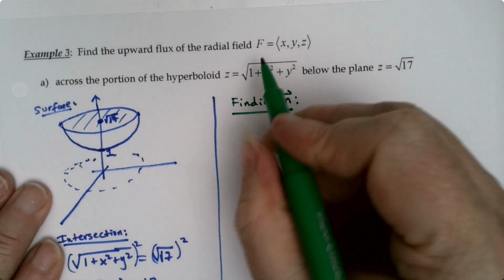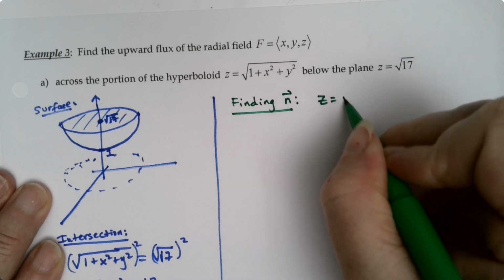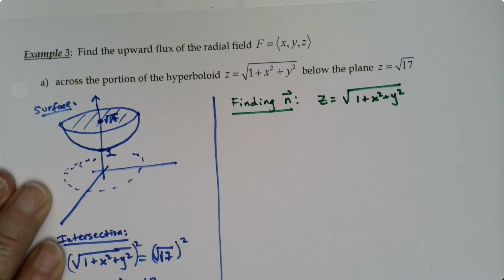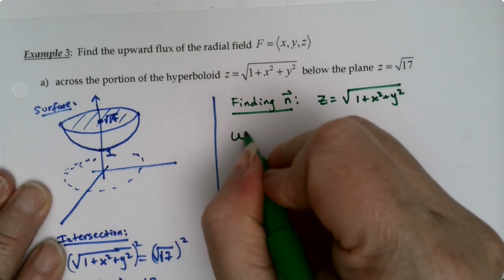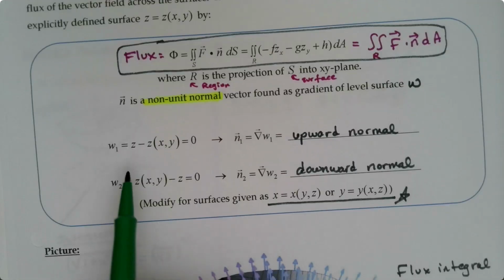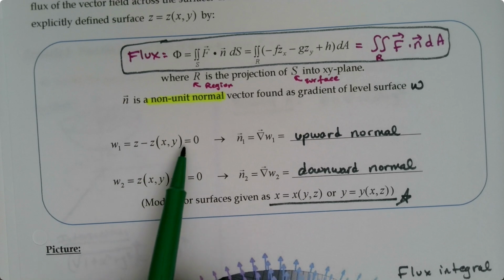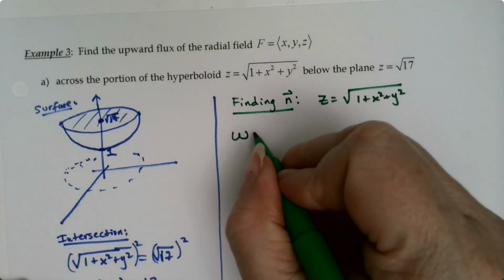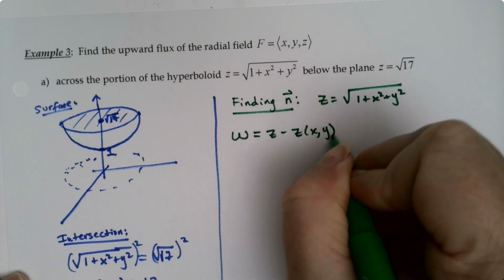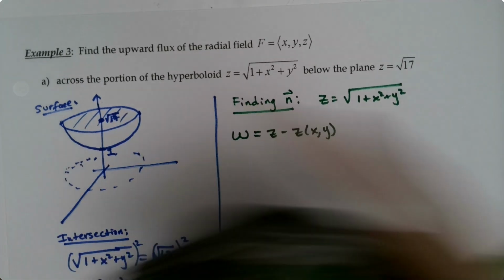So remember that z is equal to the square root of 1 plus x squared plus y squared. Sure. So w, because I'm looking for upward flux, right, w is going to be z minus z of xy. So z minus z of xy, which is what this was. I should have written it that way, sorry.